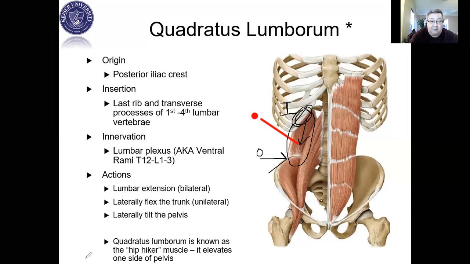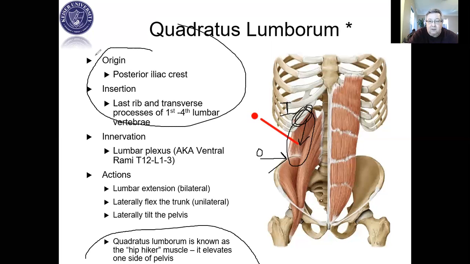So this bottom part right here, you need to know, and the origin and insertion. Those parts you truly need to know when we're talking about the Quadratus Lumborum muscle.